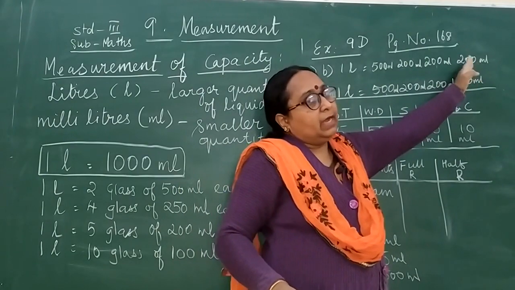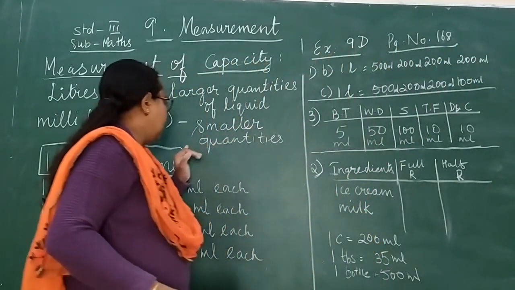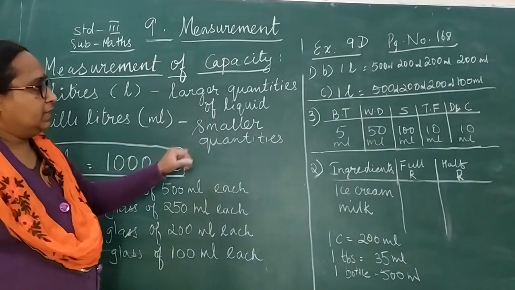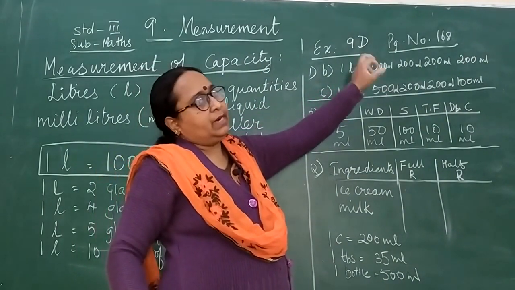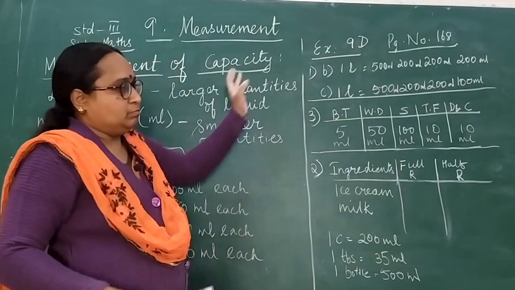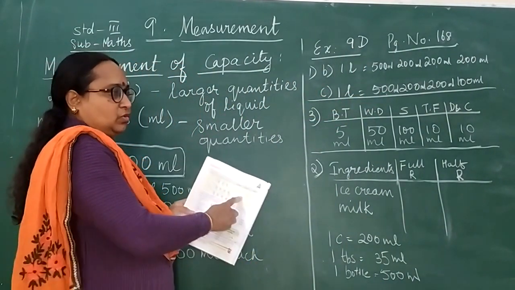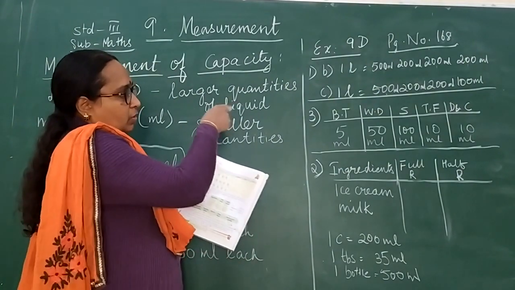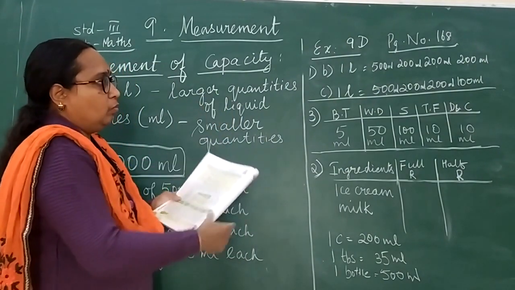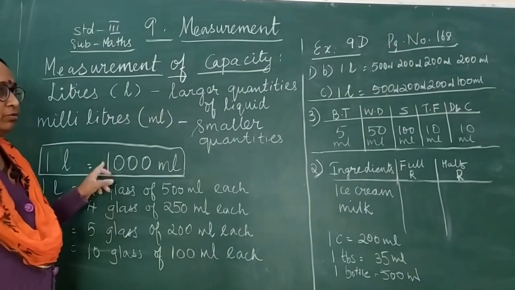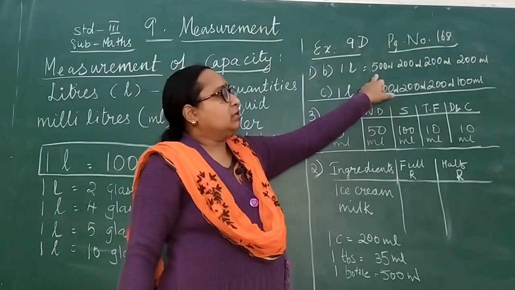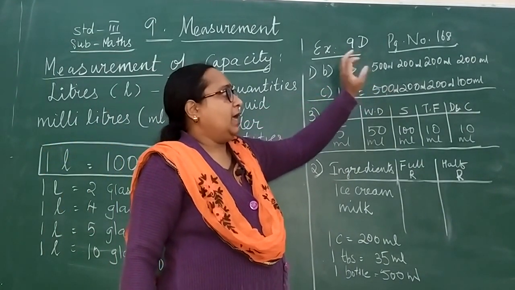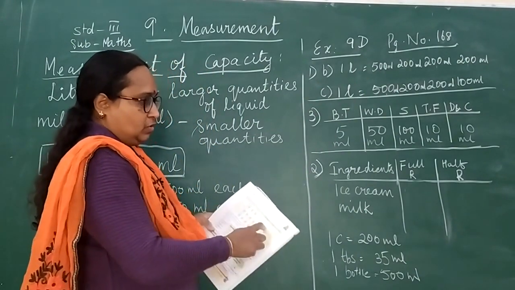So 1100 comes. How much should it be? Only 1000 ml. Here it is 1100 ml. So what happened? It is more. So you have to tick extra, right. Here extra ml is being given. For 1 liter only 1000 ml should come, but here it is 1100. So it is extra. So you have to tick extra.